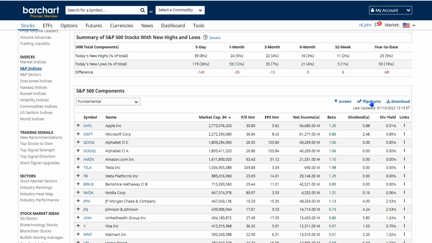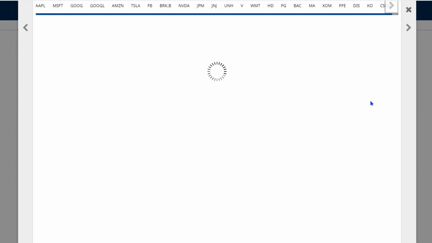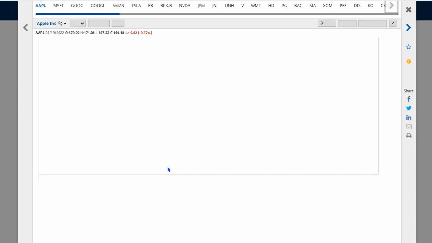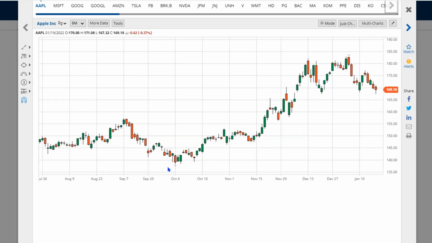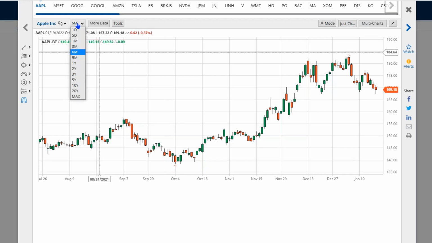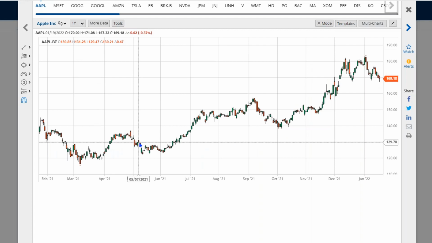If I go into the charts and look at some of the names you're familiar with, let's look at Apple. Still in an uptrend, but are we seeing that distribution phase?